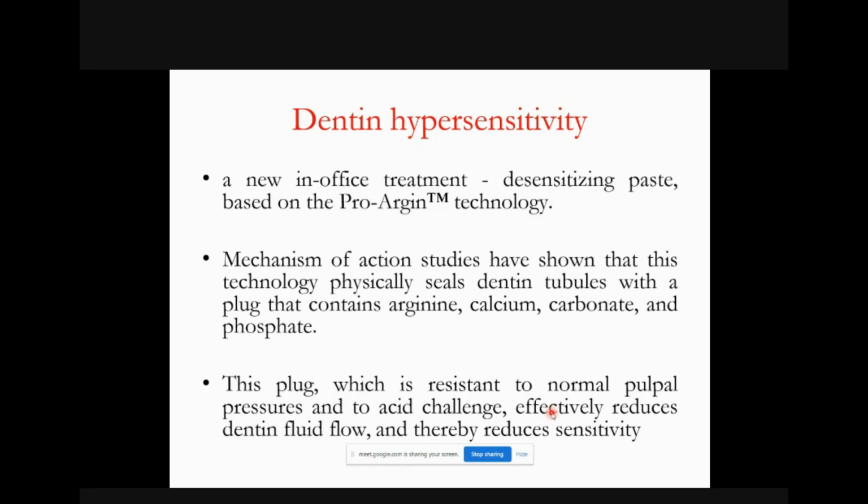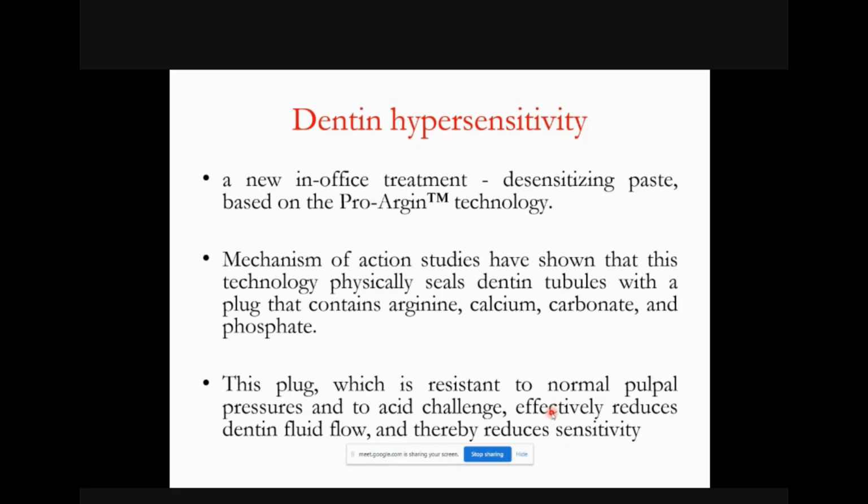It's based on nanotechnology, and what it does is create a seal on the dentinal tubules. How does it create a seal? It forms a plug on top of the dentinal tubules. You know that dentinal tubules are hollow, right? And they have the odontoblastic process inside them traversing throughout. So it creates a seal from the top, that is from the enamel end.